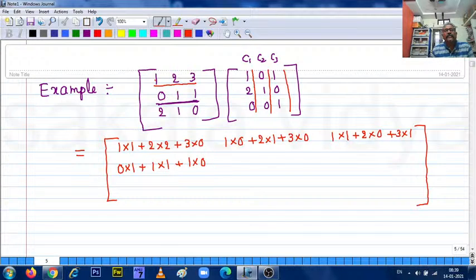Next 0 into 0 plus 1 into 1 plus 1 into 0. Now R2 into C3, 0 into 1 plus 1 into 0 plus 1 into 1.